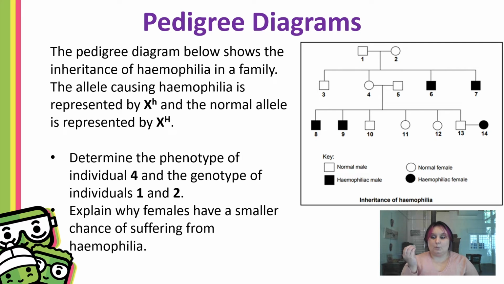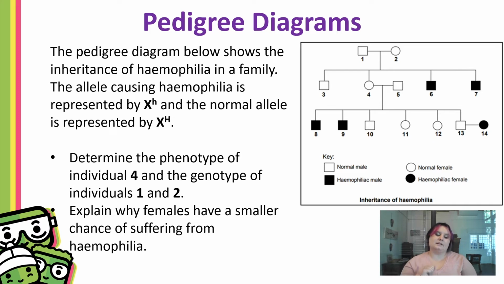So what we can tell is that individual 2 must be heterozygous, meaning she will have 1 normal allele and 1 allele that causes hemophilia. This allows her to pass that allele for hemophilia on to her children while not suffering hemophilia herself, because the dominant allele is going to mask or cover up for the other allele. So individual 2 will have the genotype of X capital H and X small letter h.